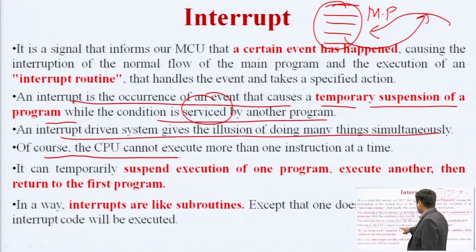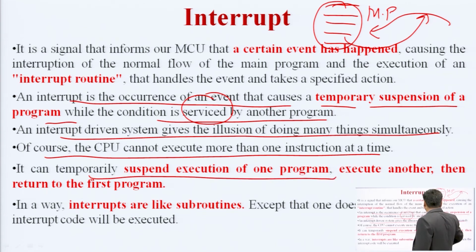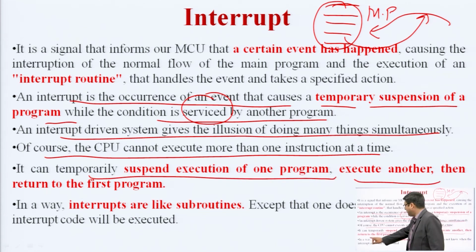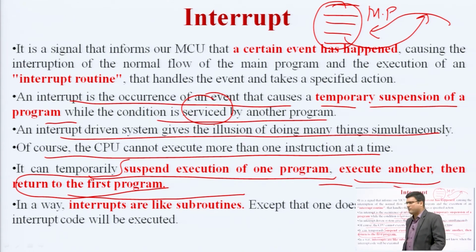Of course, the CPU cannot execute more than one instruction at a time. So, it can temporarily suspend execution of one program, execute another, then return to the first program. This is basically the working of an interrupt.